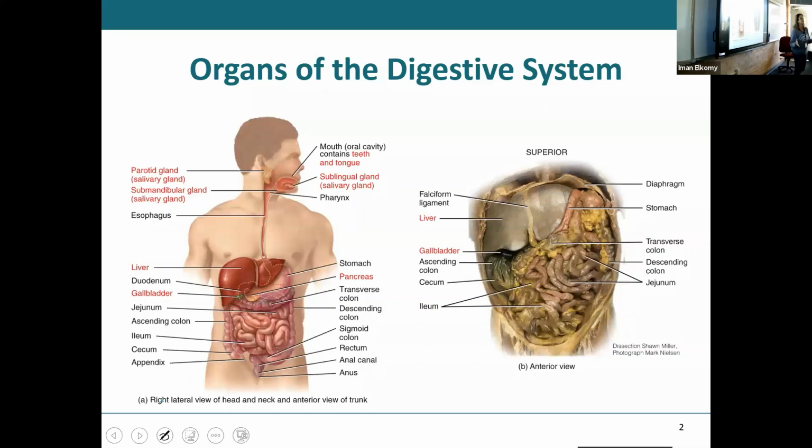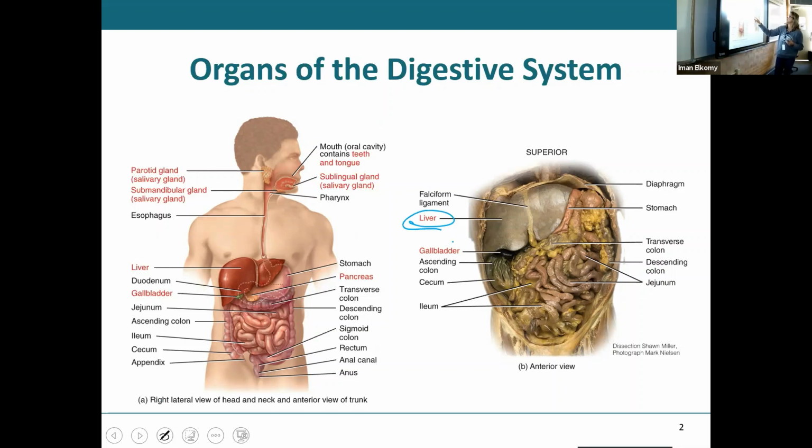But we also have some other organs around it that aid in the digestive process, even though they don't actually have food traveling through them. And those are the accessory components of the system. And they're all in red on the slide.